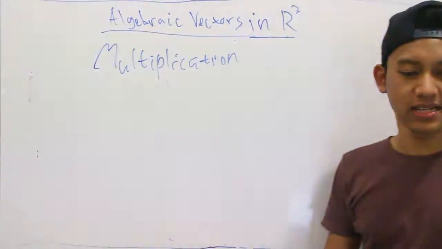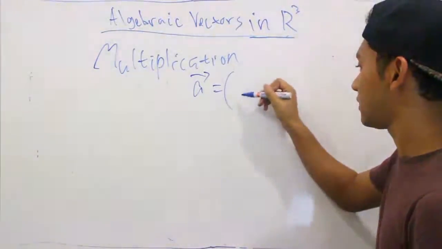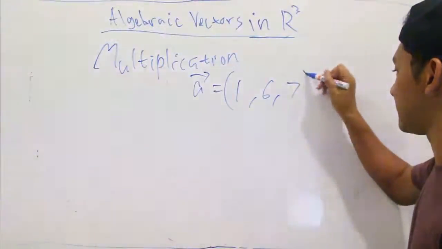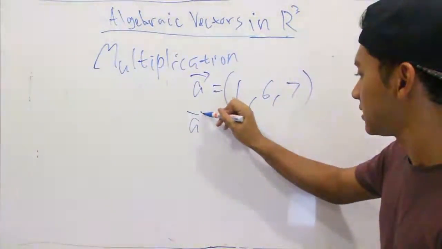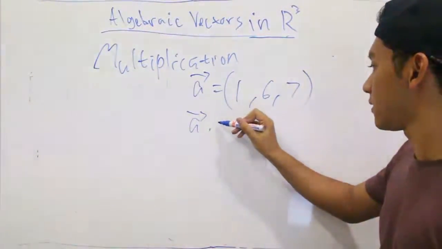So you understand. Let's say we got vector A of 1, 6, and 7. Okay? And we want to multiply vector A with a scalar of 3.